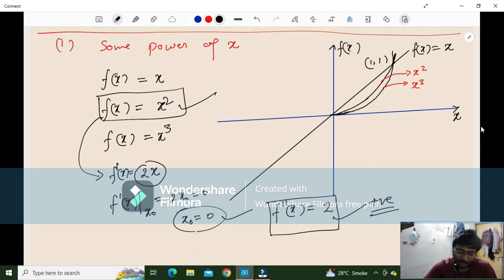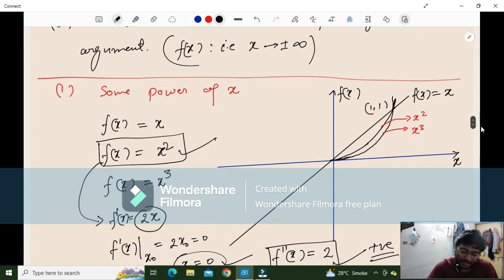So at x equals 0, it will make a minima. If you extend this x square function, so this is x square, you can see here that it is making a minima at x equals 0.